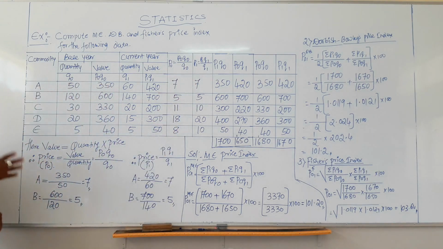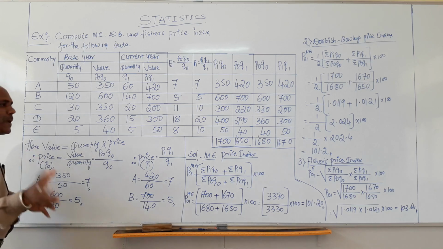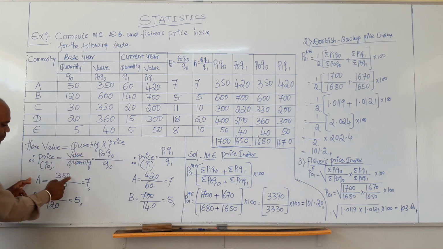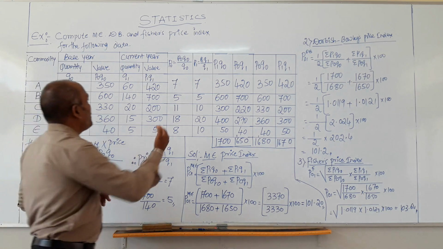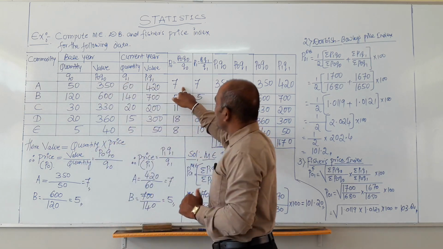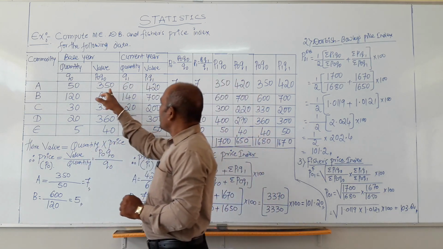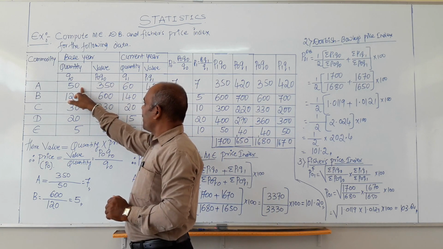So let us see how to calculate for commodity A. What is the price in the base year of that commodity? The value of commodity A is 350 and the quantity is 50. Then the price of that commodity is 7, that is 350 divided by 50.